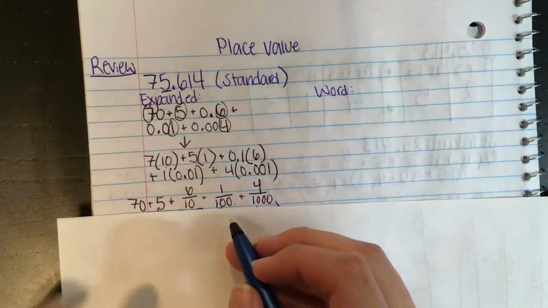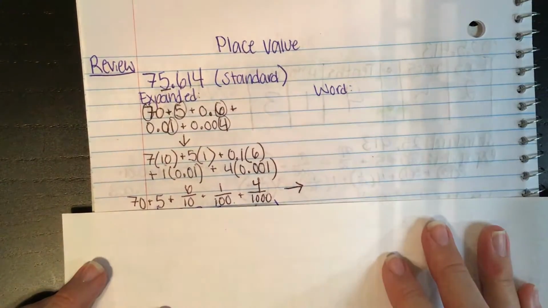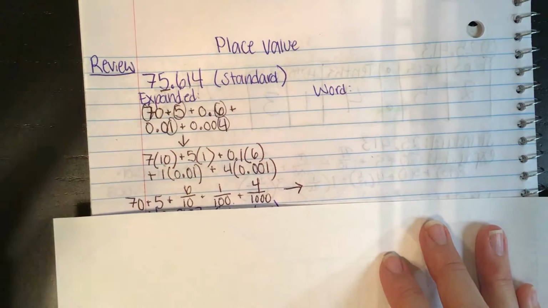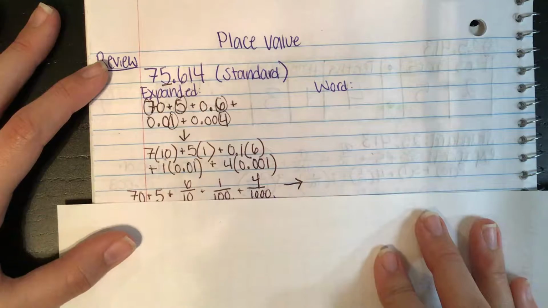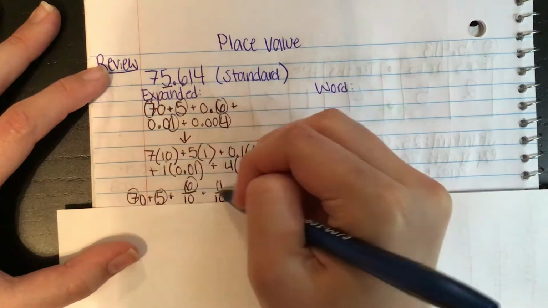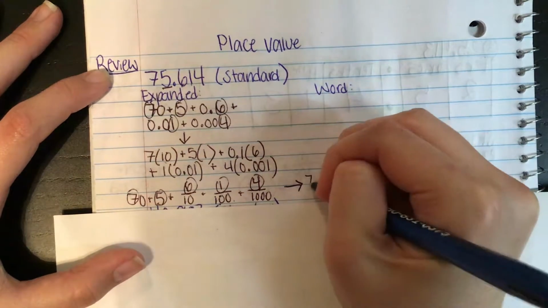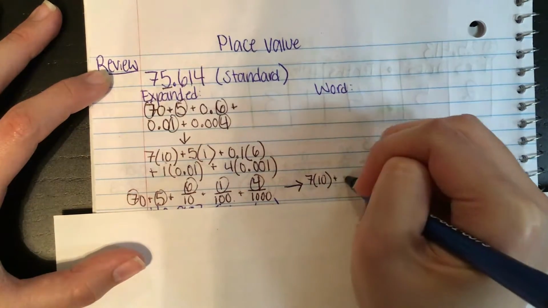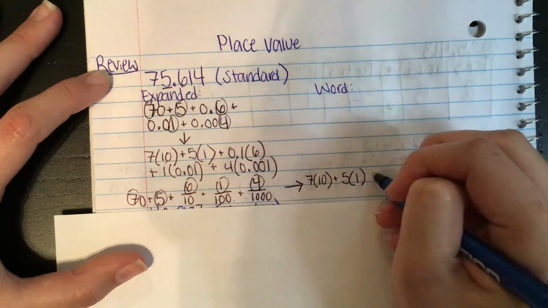Okay? If you were to turn that into an even more simplified version of the expanded form, our second step, we would just pull out those digits and make them 1. So this is 7 times 10 plus 5 times 1. It's showing you the tens place, the ones place.